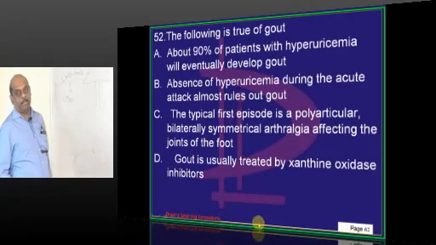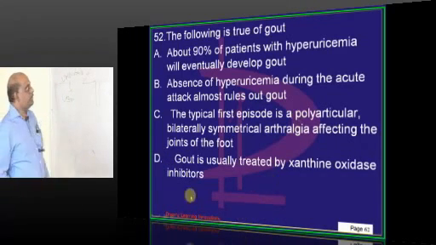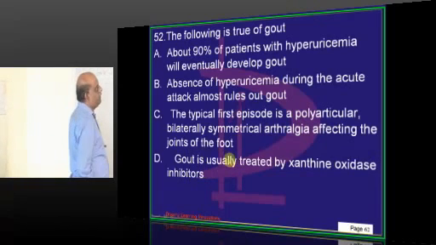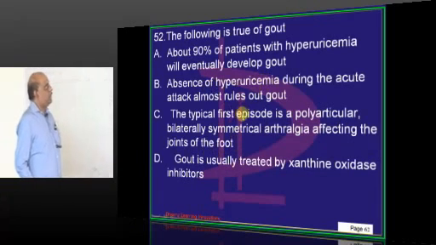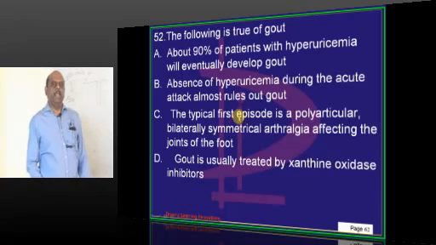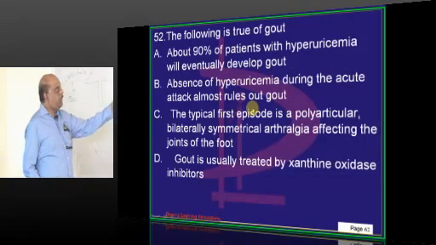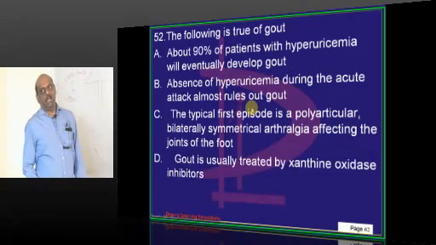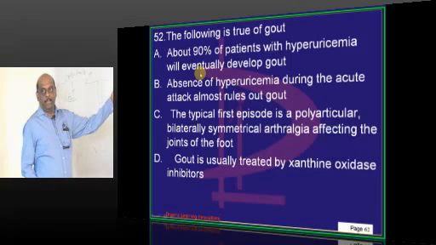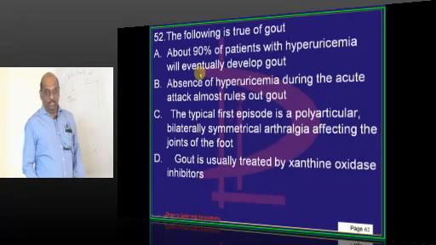So gout is treated by a xanthine oxidase inhibitor, is what needs to be remembered. So there is no need for the presence of hyperuricemia at the time of an acute attack of gout.